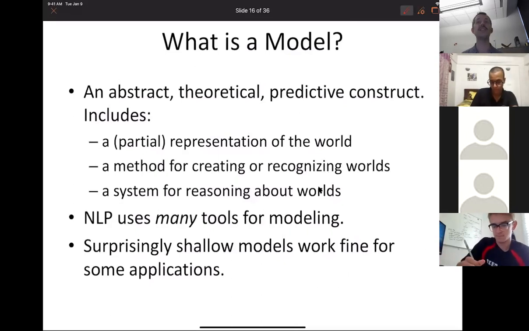We use a lot of different tools for modeling in NLP. Sometimes really shallow models, actually, that are not that sophisticated, work very well. Sometimes you need a more sophisticated model. It depends very much on what application you're targeting.